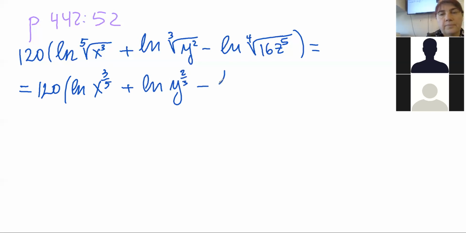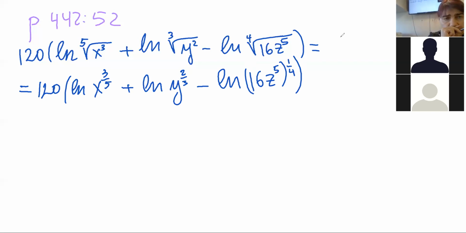Okay. Not too bad. This is the key now, to do this right. Next line, I'll make it pink. So you want to write it as a single expression. We can do this at once. Should we do the 120 or not? It's a question of preference.